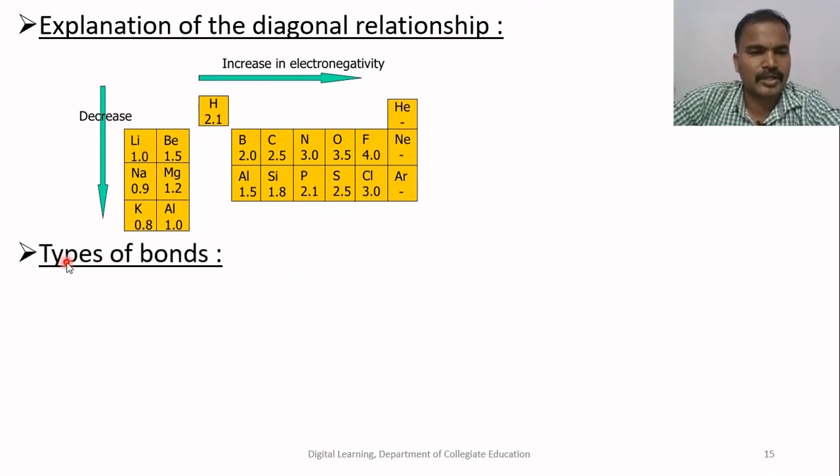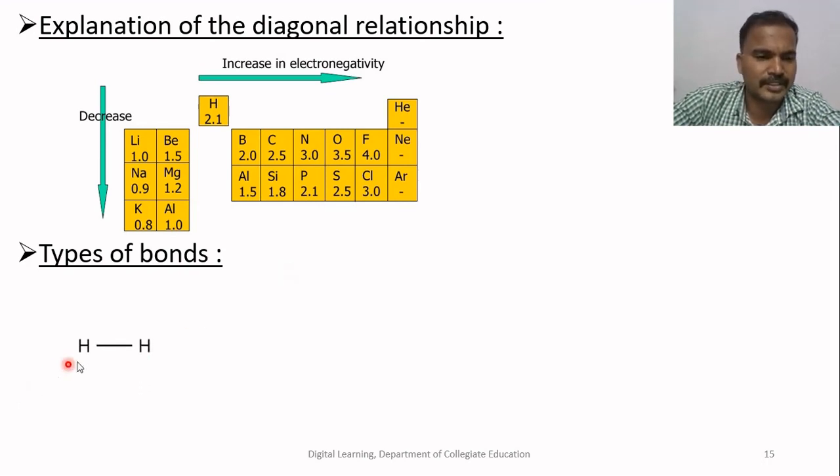And one more, types of bonds. The type of bond formed between any two atoms evidently depends on the electronegativity difference of the bonded atoms. If the electronegativity difference between the bonded atoms is 0 or very small, then the nature of the bond formed is non-polar covalent.